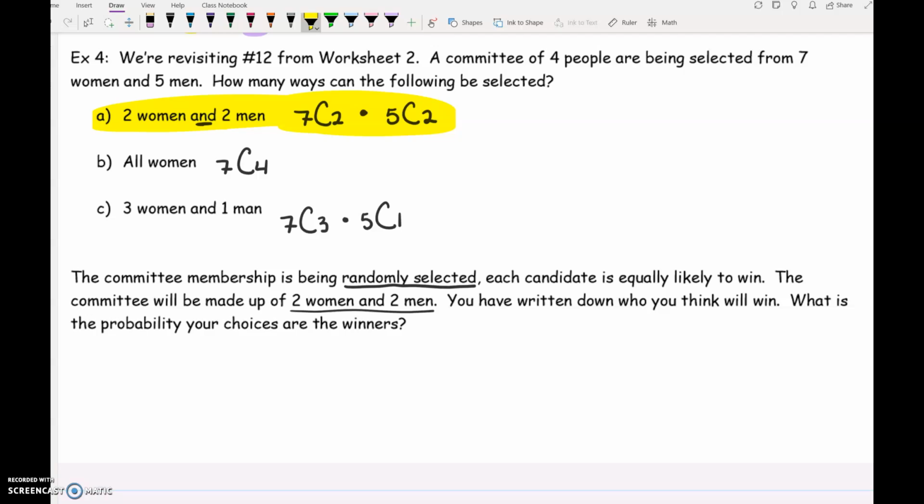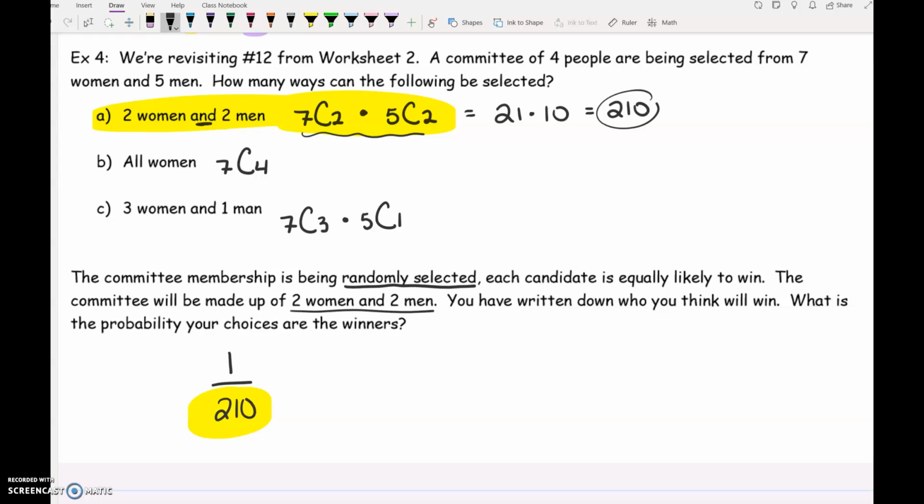You have written down who you think will win, who you want to win. What is the probability that your choices are the winners? Well, there's the one way that you have chosen for those committee members to win. How many possible choices are there? That would be this number up here that we haven't calculated yet. So if we calculate this thing up here, we get 210.